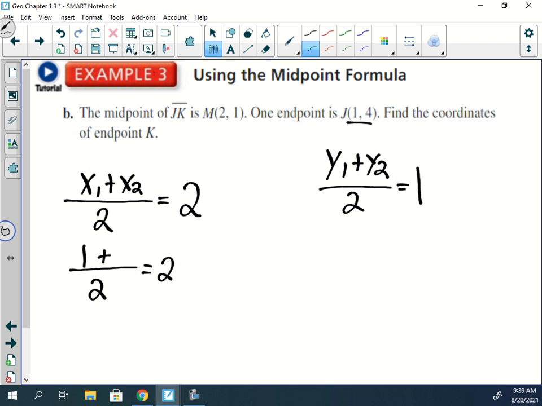So, one of the x's in the midpoint formula would be 1. Do we know what the other one is? No, we'll be able to figure it out. So we can call it x. Now for the y values, again, we do know one of them. One of them is 4. But we don't know what the other one is. We'll call it y.